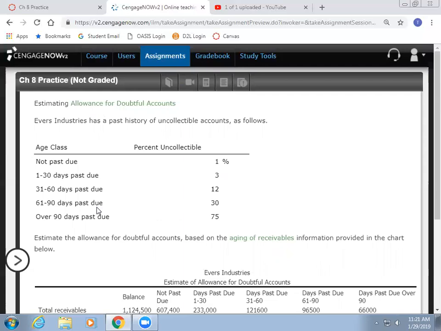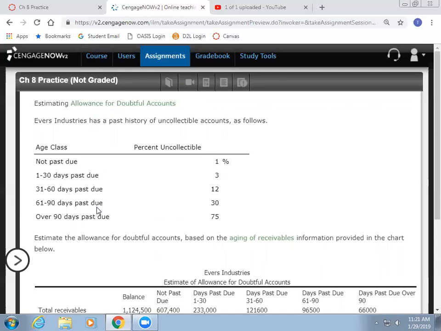They've set up this schedule: anything that's not past due yet, we think is 1% uncollectible. Up to 30 days past due, 3%. 31 to 60, 12%. 61 to 90, 30%. And anything over 90 days past due, we assume is 75% uncollectible.